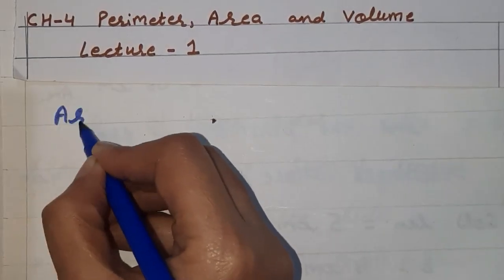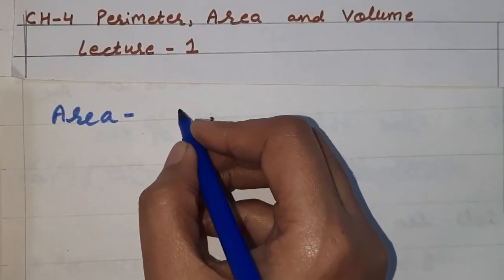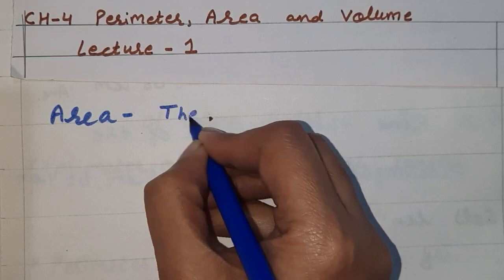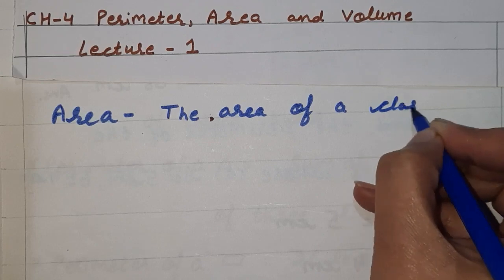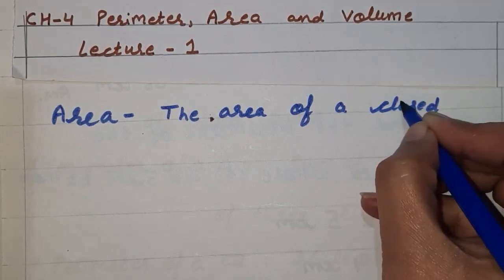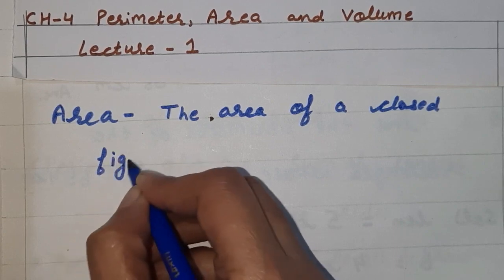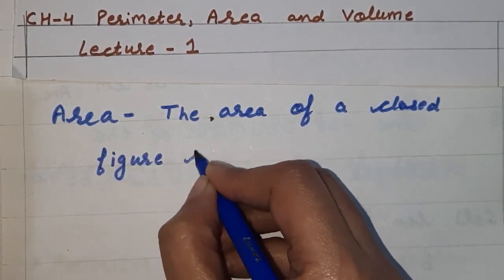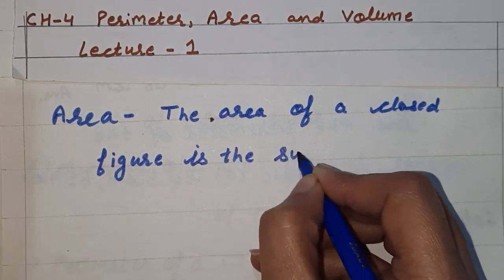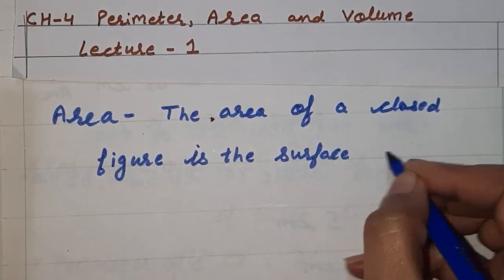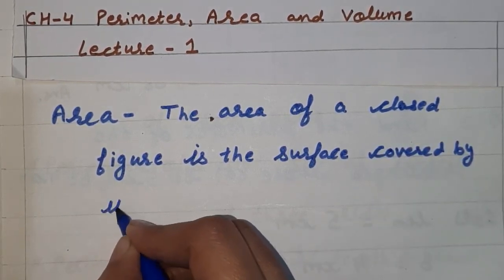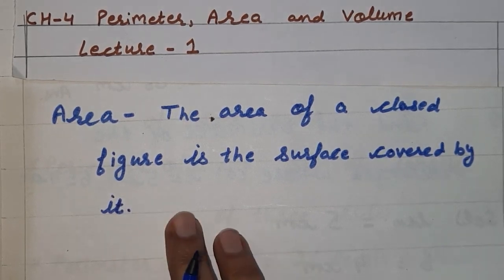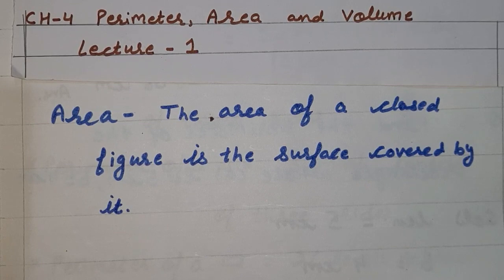Now we will study about area. The area of a closed figure is the surface covered by it. मीन्स किसी भी क्लोज फिगर में जितना सरफेस कवर होगा दैट इज नोन एज एरिया एंड इट इज मेजर्ड इन स्क्वायर यूनिट्स.